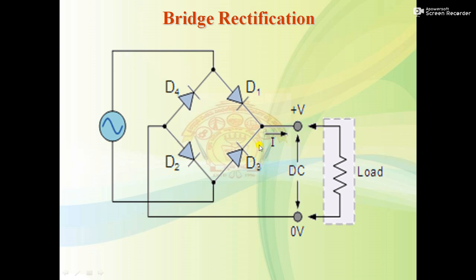At that time D3 and D4 are forward biased, D1 and D2 are reverse biased. Whatever current is flowing through diodes D3 and D4, the same amount of current flows through the load resistor and we get some output voltage.